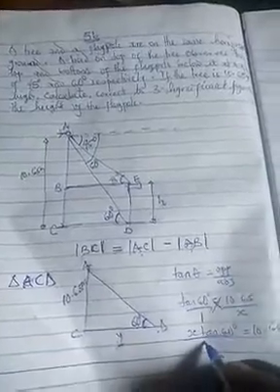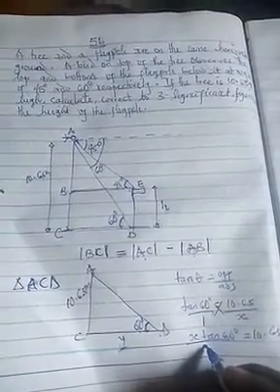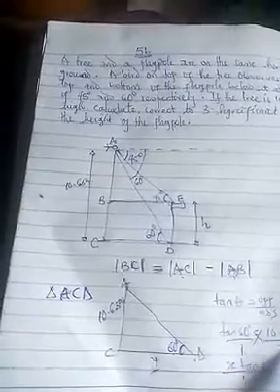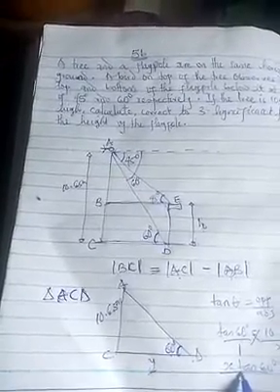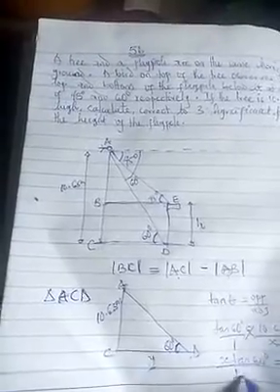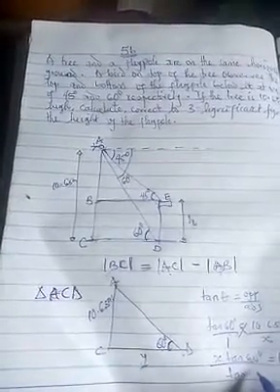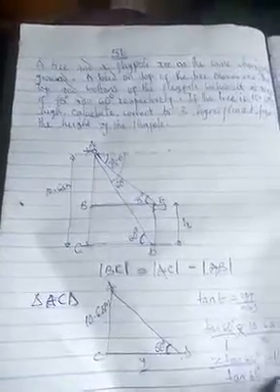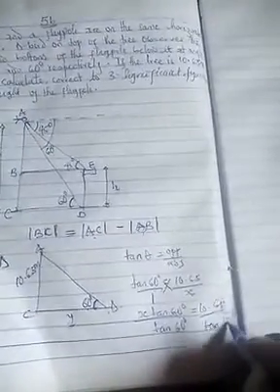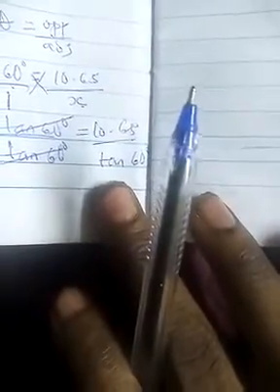By the time you divide both sides by tan 60 degree, this will cancel this. Then eventually our answer is going to be x equals 10.65 divided by tan 60 degree.